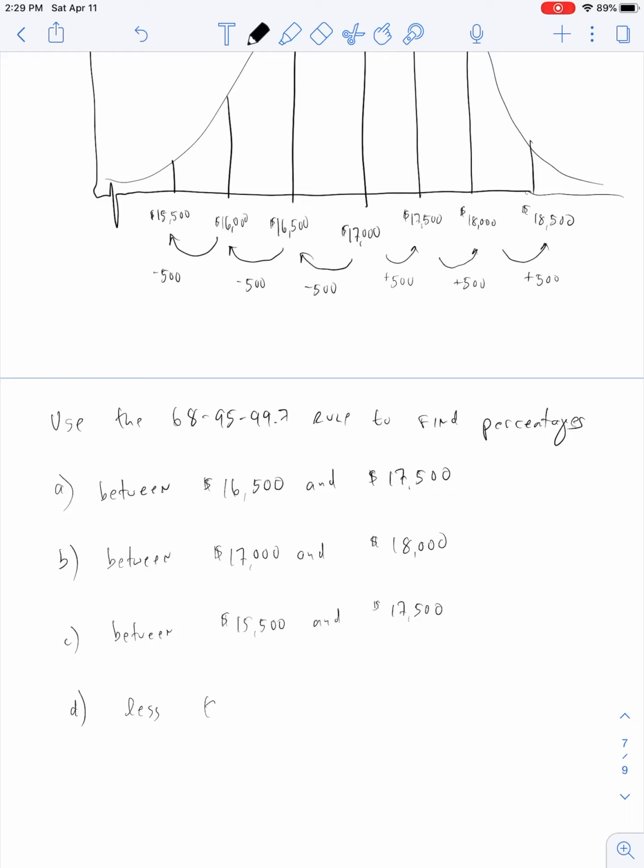D: less than 16,000. E: more than 17,500.